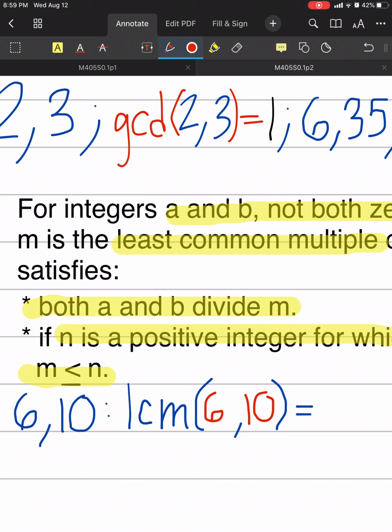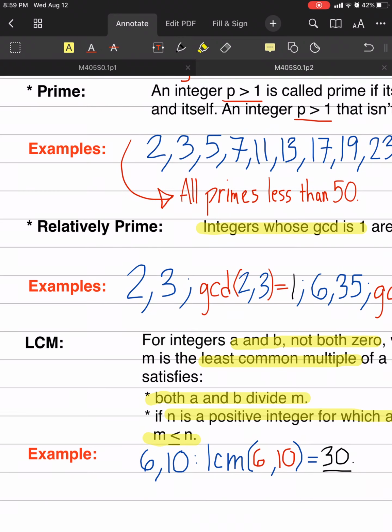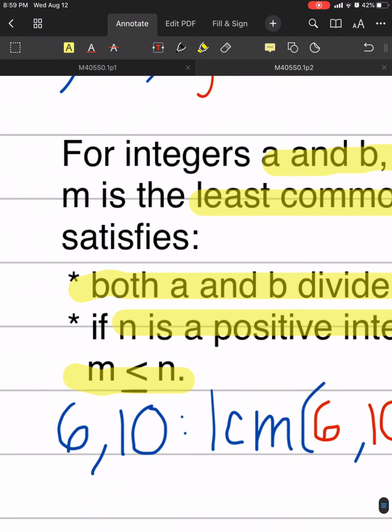Okay, everybody should be done now if pausing works the way I think it does. And so here, what we actually should find is our LCM is 30. And maybe I actually will write out the list of multiples. It's pretty quick to do.